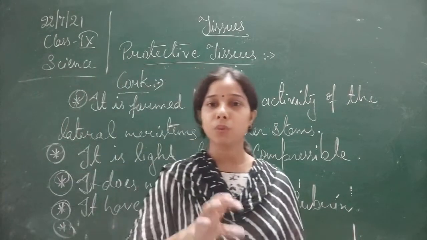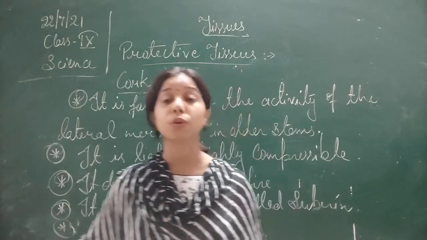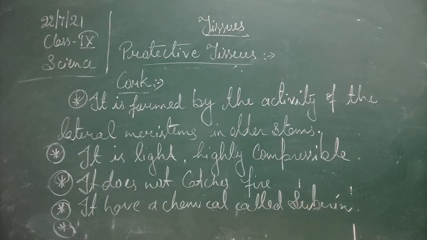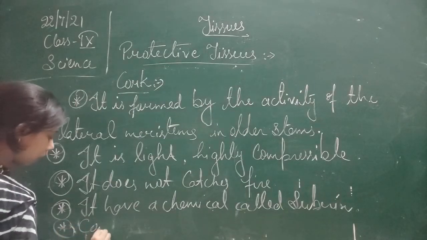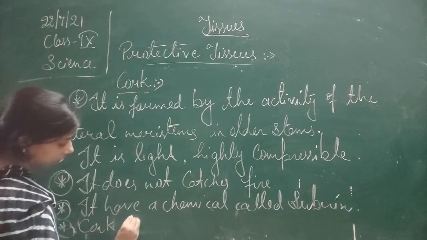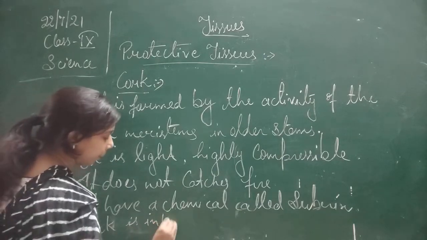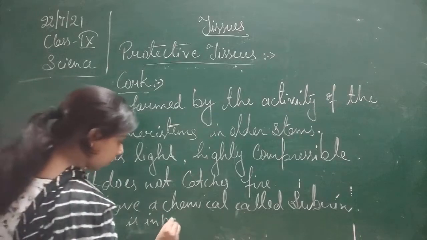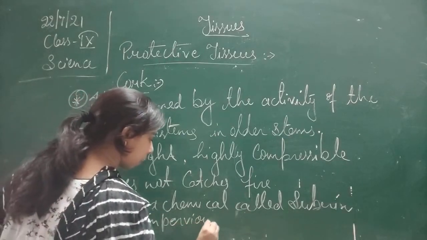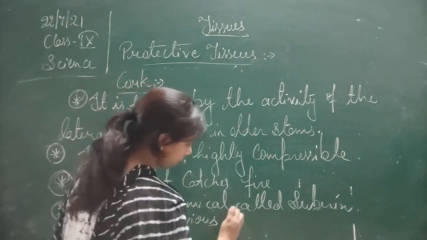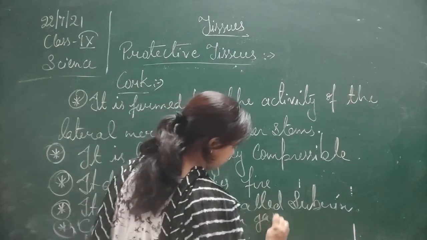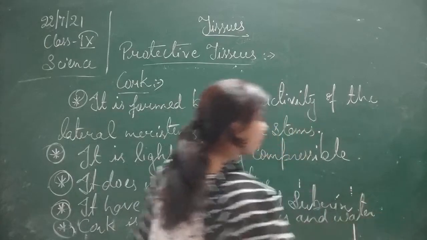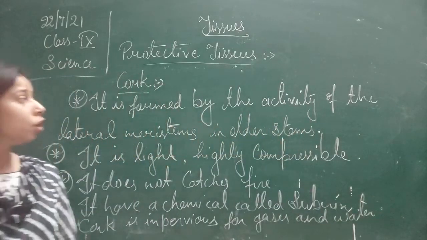Impervious means it does not allow the exchange of gases or water through it. Impermeable. So cork is impervious for gases and water.